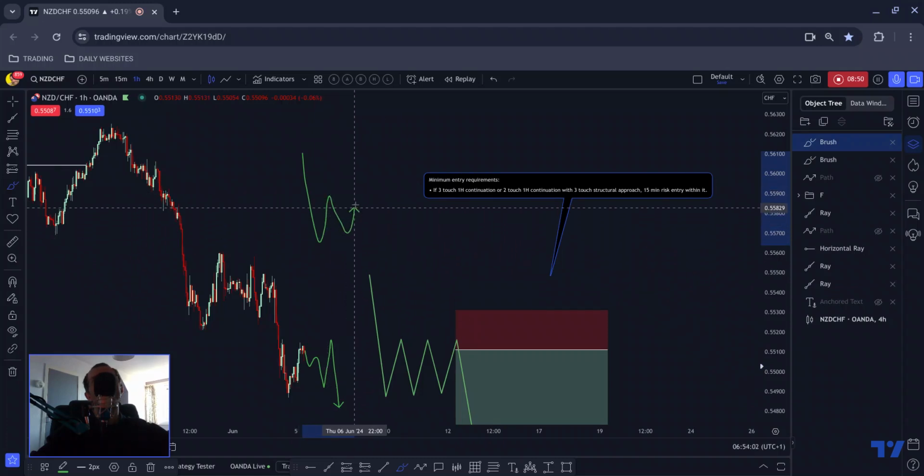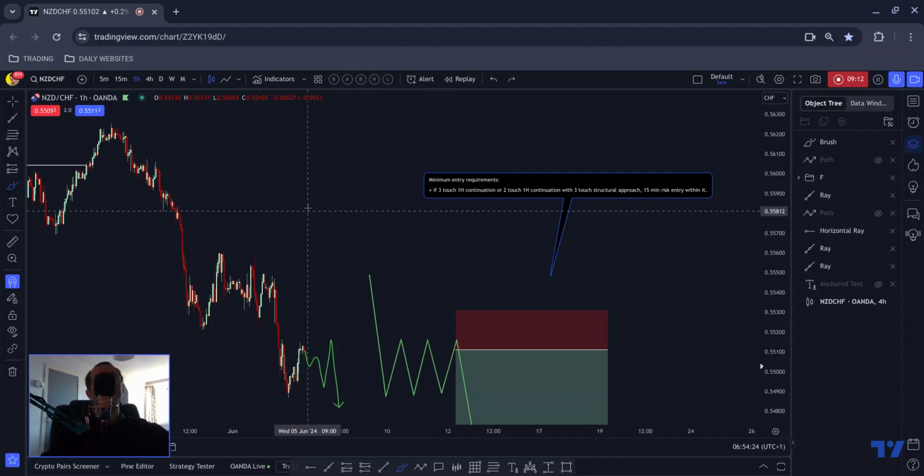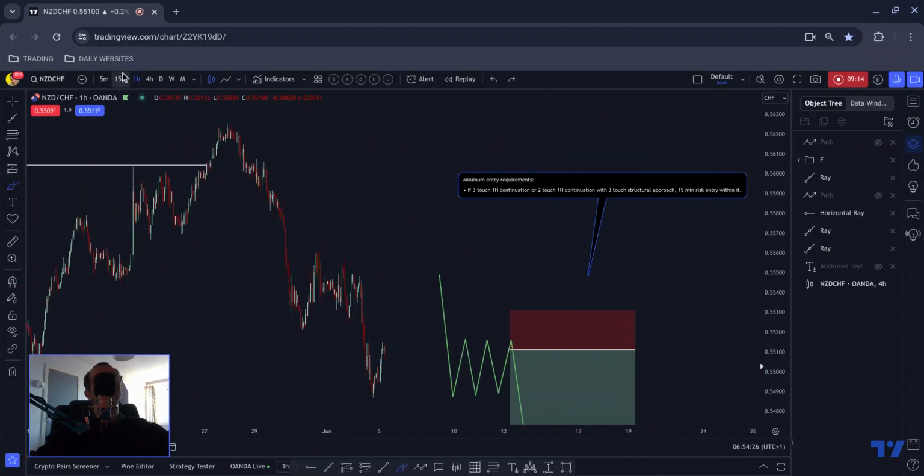And what I mean by that is, if we get something like this, okay, everything is just frozen up on my computer, right? My mouse has just completely died. So I don't know what's happened there. A 3-touch structural approach like that, I would also get short with a risk entry within something like that as well. So that is Kiwi Swiss.